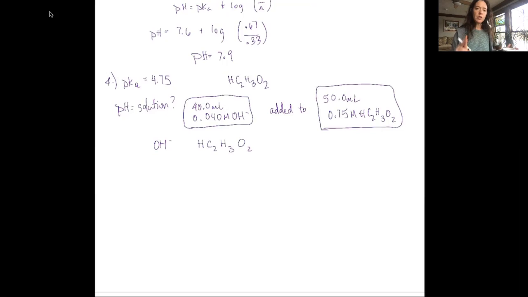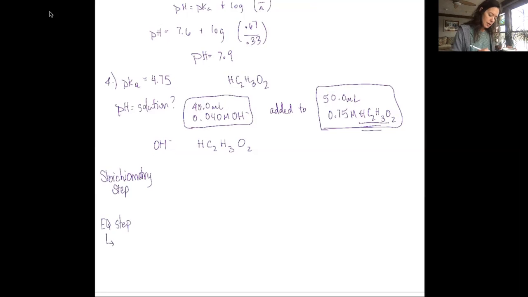So there are two steps to this problem. There is the stoichiometry step. And then because I have a weak acid over here, I have my equilibrium step. So the reaction has to go to completion, and then equilibrium has to be reestablished.